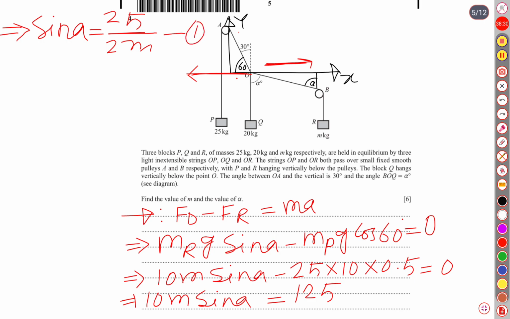Then we will resolve the forces vertically. If we resolve the forces vertically, what will it be? The same concept we are going to apply: driving force minus resistance force is equal to mass into acceleration, which is 0, because the system is in equilibrium.